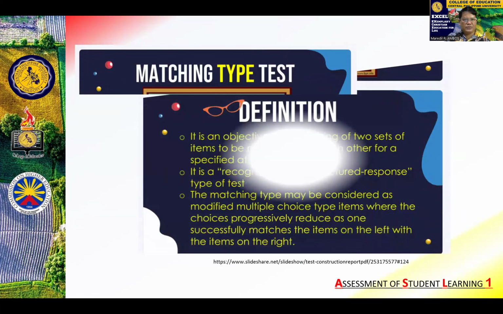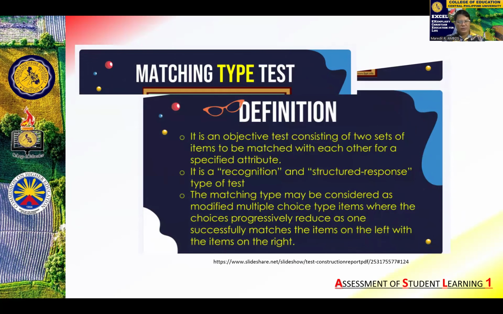And we have, of course, the matching type test, which has a definition. Now, it is an objective test consisting of two sets of items to be matched with each other for a specified attribute. It's actually a recognition and a structured response type of test.